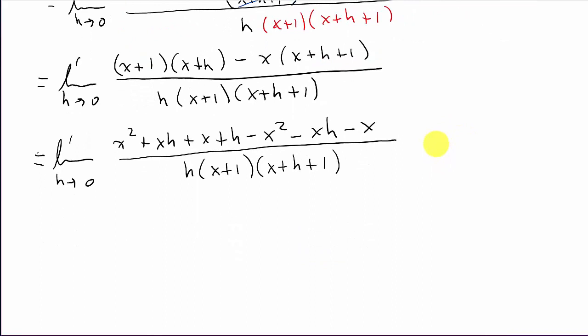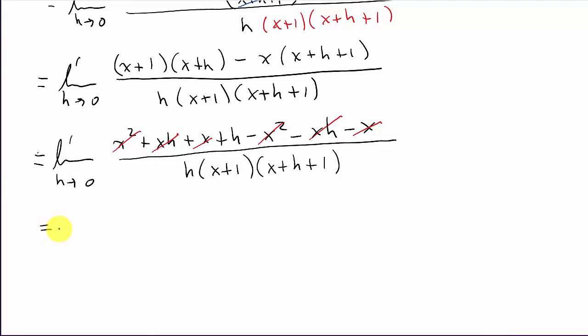Alright, so let's see what all cancels out. Well, the x squareds go to 0. The xh goes to 0. And look at that, the x's go out also.